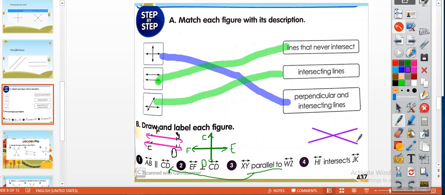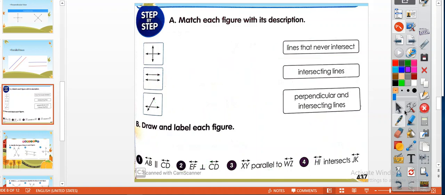Then label the lines. This one is HI and this one is JK. And remember, it doesn't matter where you start from, because we're talking about lines that go forever and do not stop. Now let's look at the practice page.